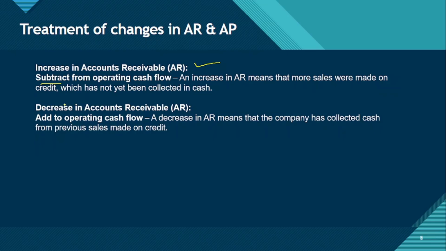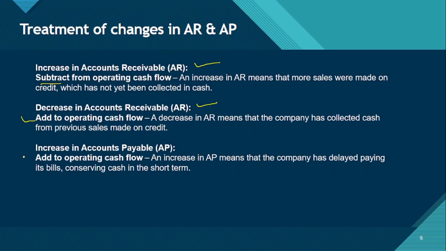If there is a decrease in account receivable, which means we have collected previously made sales, there is a positive impact on the operating cash flow, so we add it to the net income.